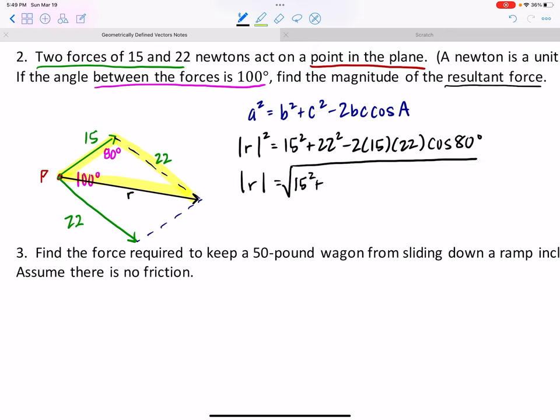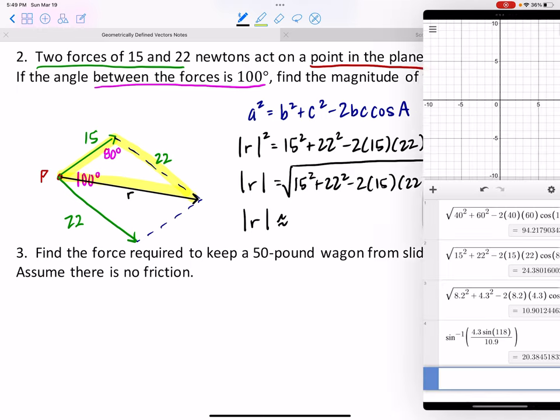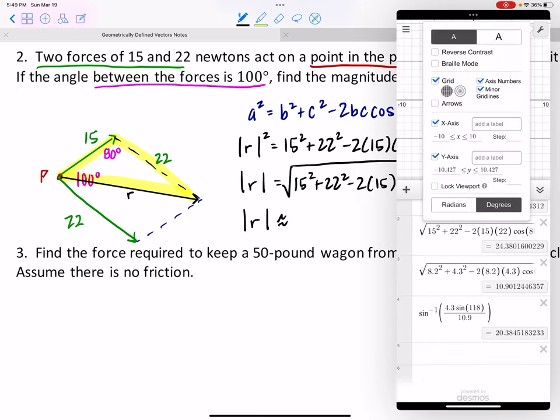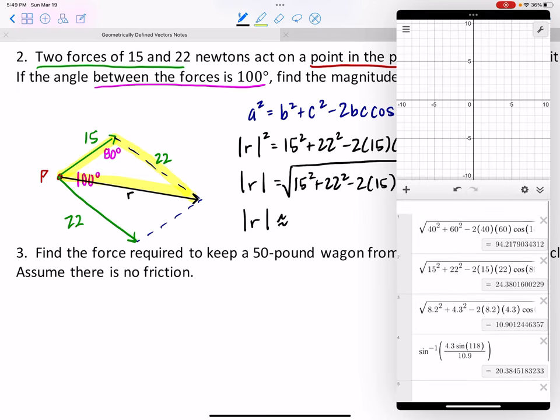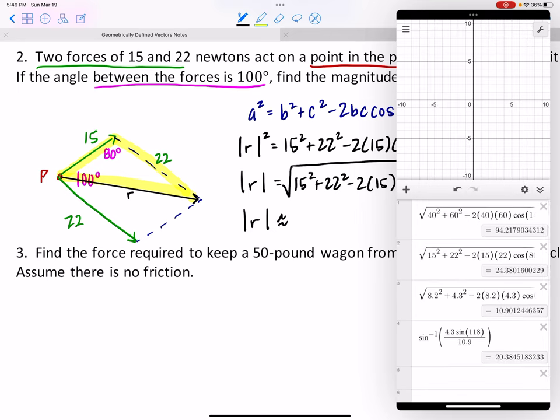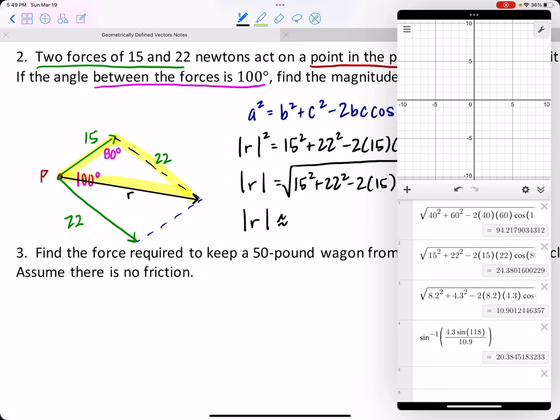So 15 squared, 22 squared, minus 2, 15, 22, and cosine of 80. So the magnitude of my resultant vector is going to be approximately, again, I did this one already, just make sure, remember that you're in degrees. So the second one, I have about 24.38.